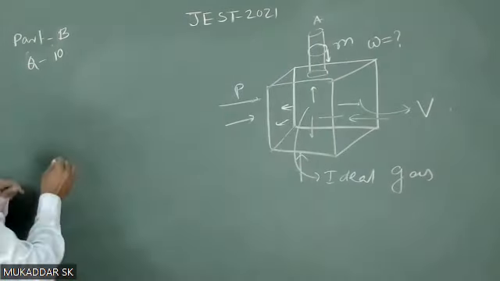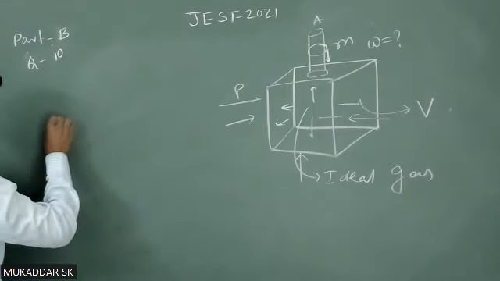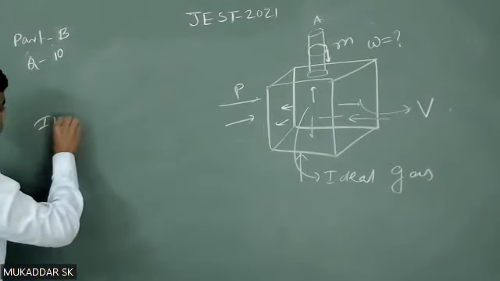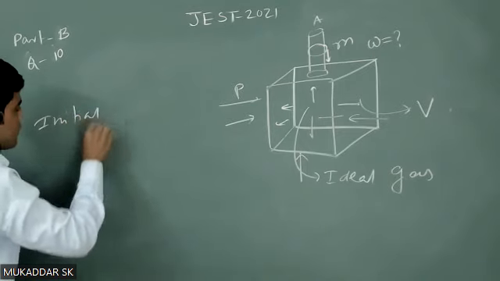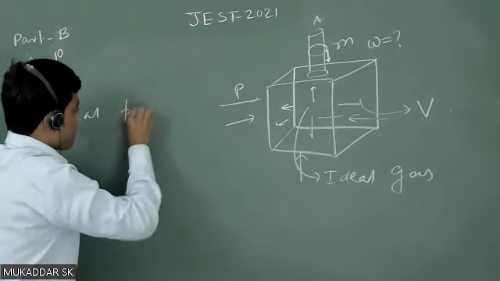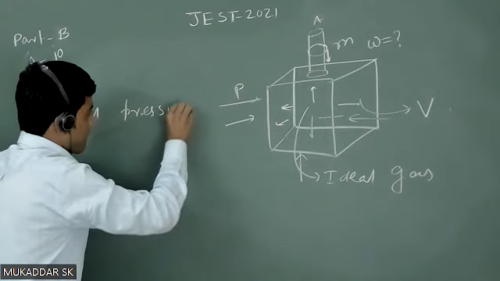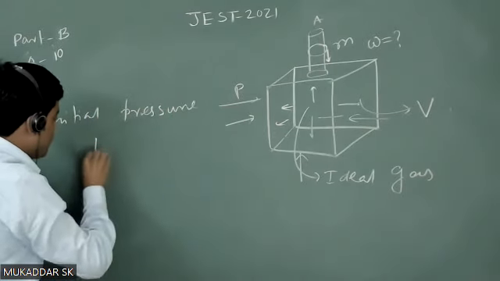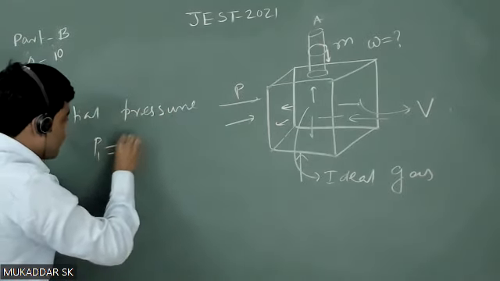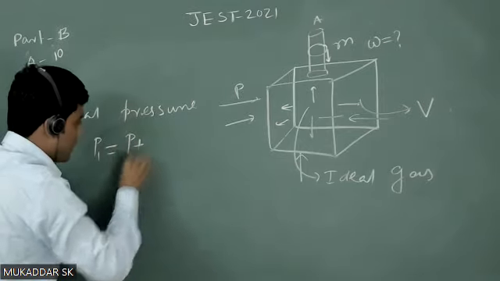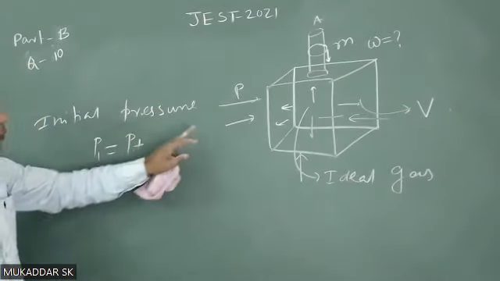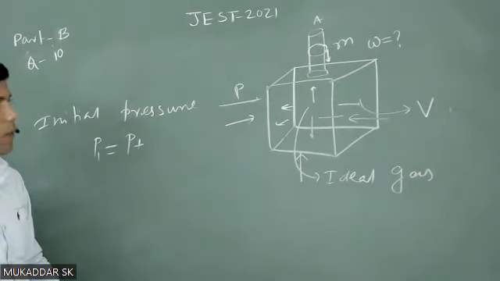So I can write the initial pressure, P1, that will be the atmospheric pressure P0, and another pressure due to the mass of this ball.